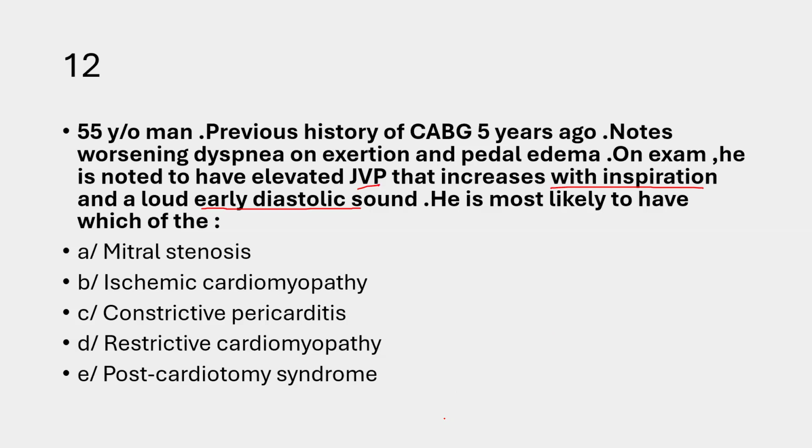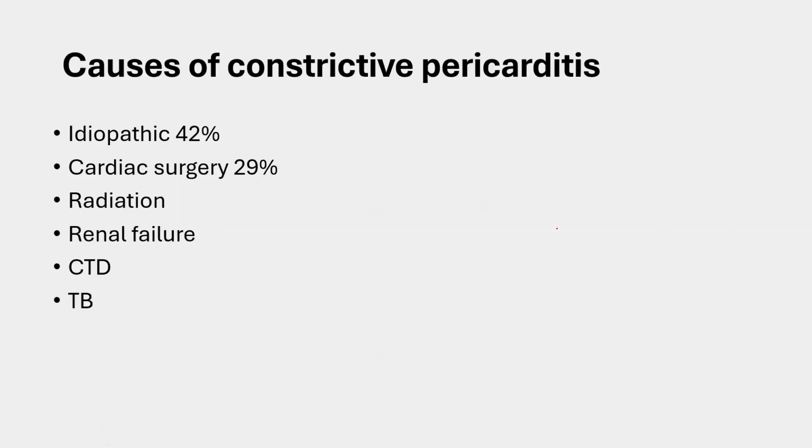We know that the causes of constriction are many, but one of the most important is post-cardiac surgery. So post-CABG or valve surgery, stuff like that, you get constriction over time, okay? And here are signs of constriction: elevated JVP, Kussmaul sign, pericardial knock. So this is constrictive pericarditis.